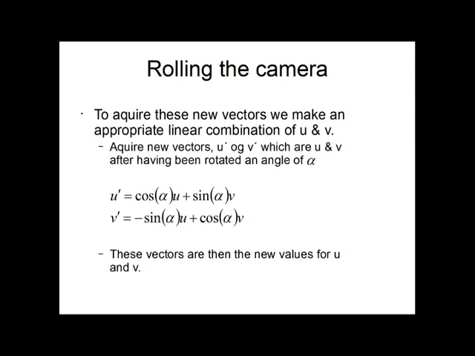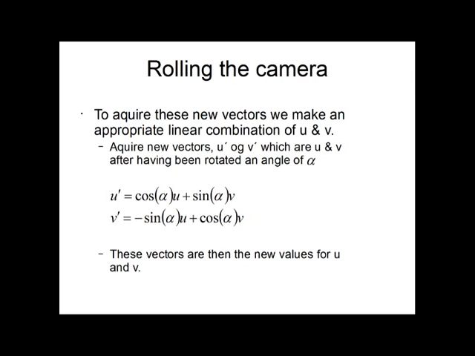Here we take the cosine of the angle that we're going to turn about, and we say the new u vector will be the cosine times the old u vector plus the sine times the old v vector. The new v vector will be the minus sine times the old u vector plus the cosine times the old v vector, and we'll get this rotation.